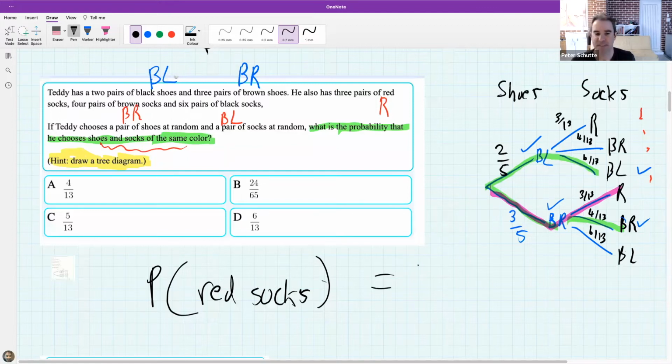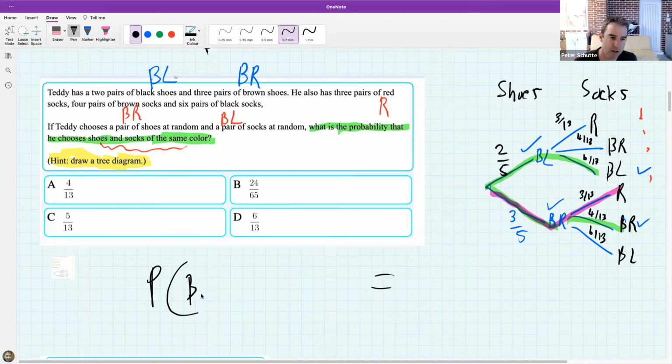Oh, okay. I meant it in a different way. In saying, what's the probability, you have to choose shoes and socks. I want to know the probability that your final choice ends up with red socks in the mix. I actually wrote this, so let me say it like this.